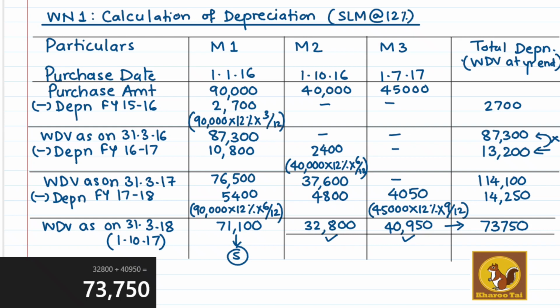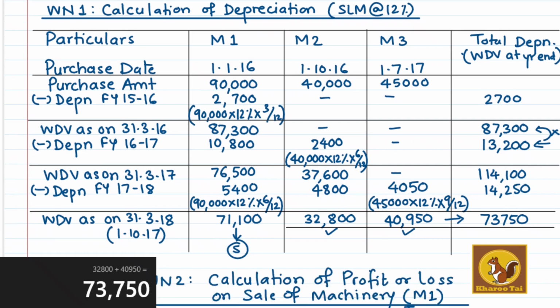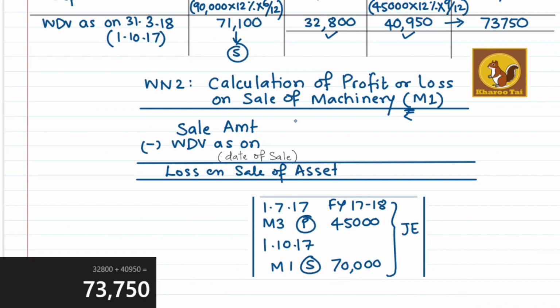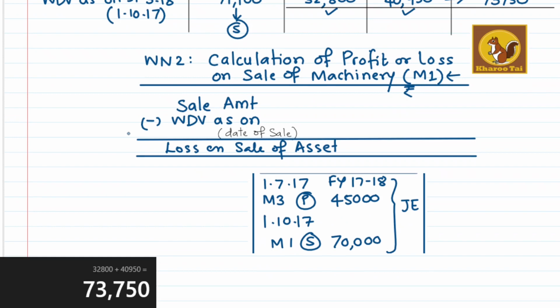For first machine, we have to find out what is the profit or loss after selling it off. For that, we will do this working note 2, calculation of profit or loss on sale of machinery. We are selling machinery 1. So this is the working. Sale amount is 70,000. We are selling the machinery at 70,000.